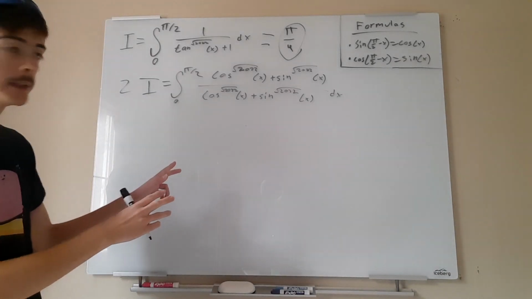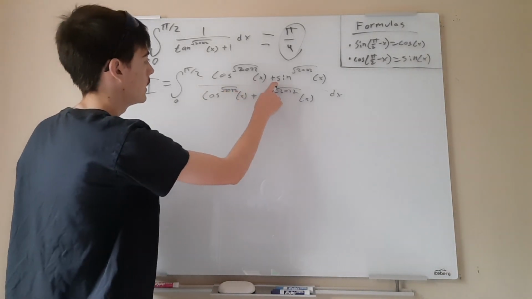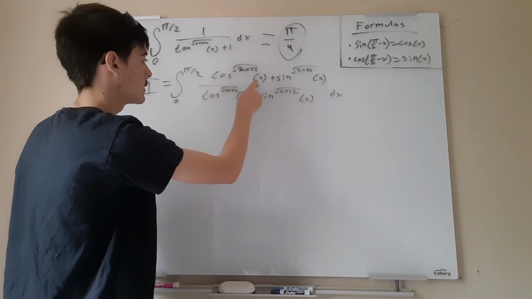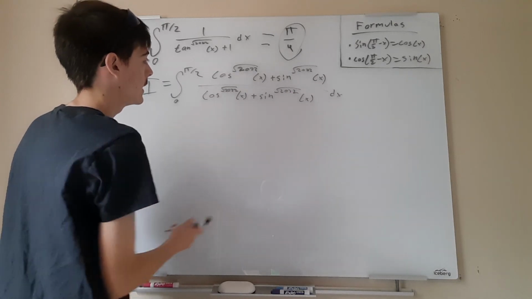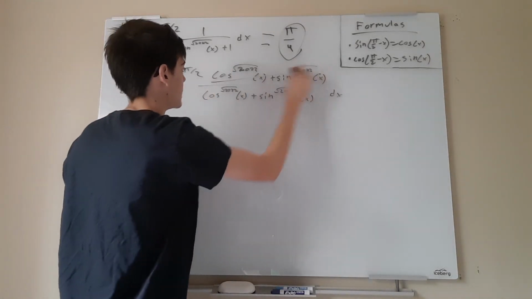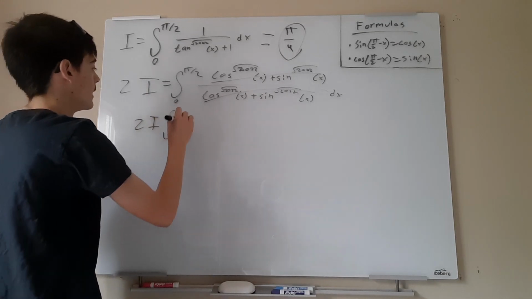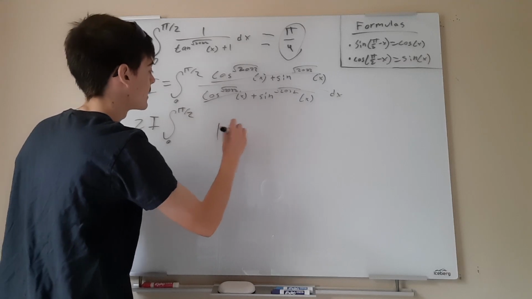Okay, now that we've combined the denominators, what we can notice is that adding the two integrals together, we will get cosine to the root 2022 of x plus sine to the root 2022 of x. That's exactly what we have in the denominator. So all of this just cancels, and that makes 2I equal to the integral from 0 to pi over 2 of 1 dx.